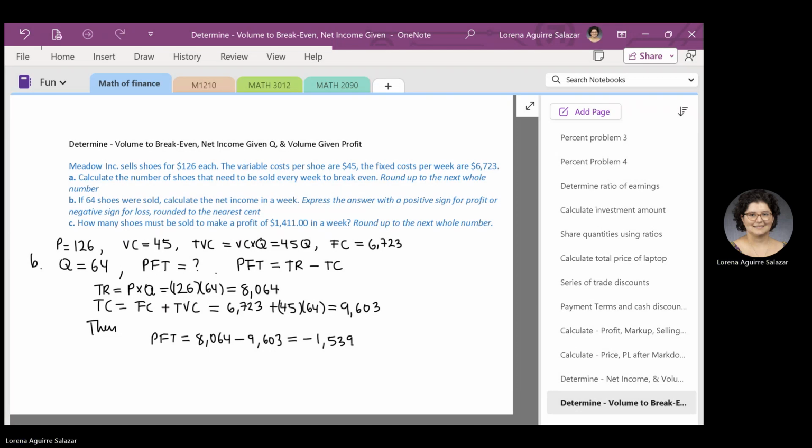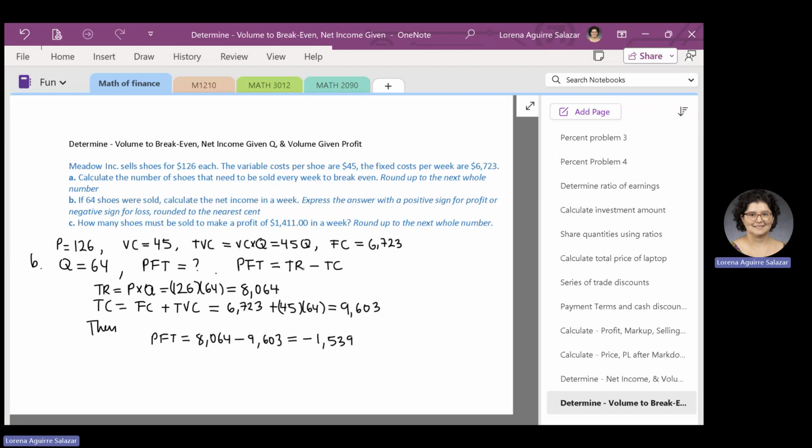In part B of this problem, we're given the number of shoes that are sold, and we compute the net income by using the formula total revenue earned minus total costs incurred in the business.